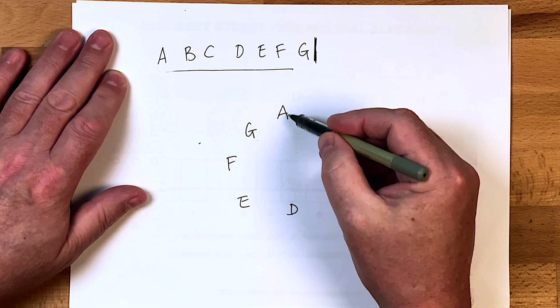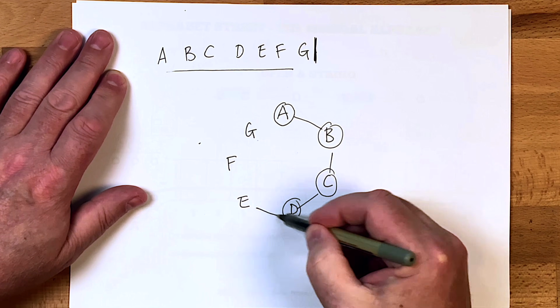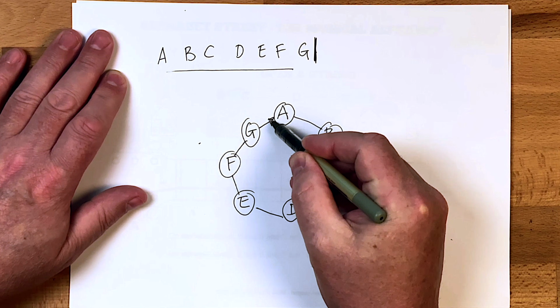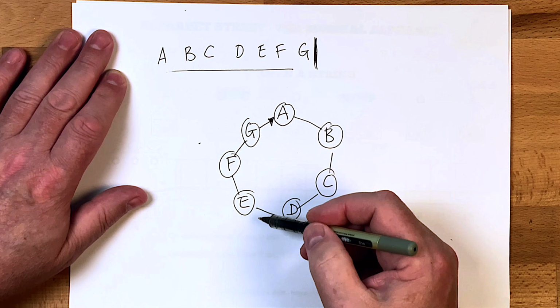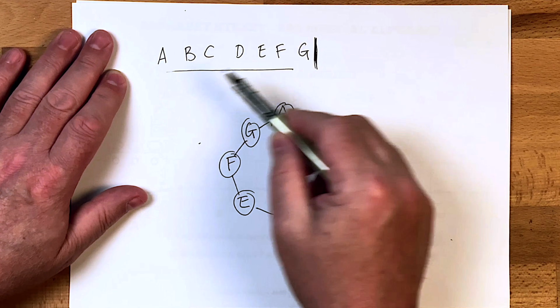This way we can see that we start on A, we go to B, C, D, E, F, G, and then we go back to A again. And because this goes round like that, you don't get that feeling of coming to an end and then trying to remember what the beginning was.